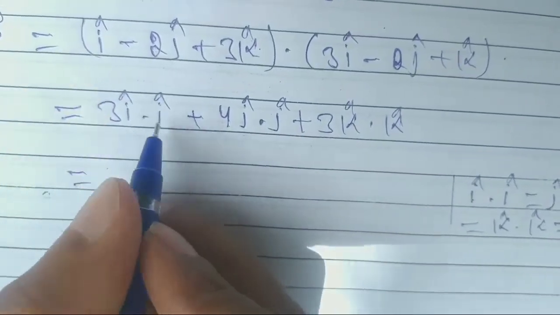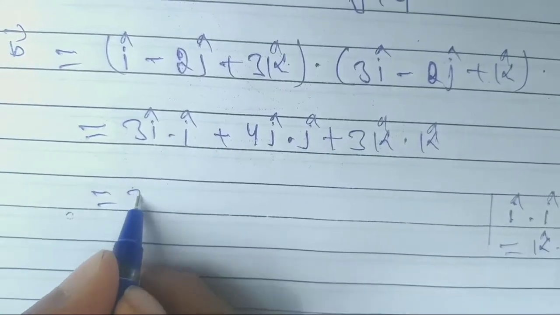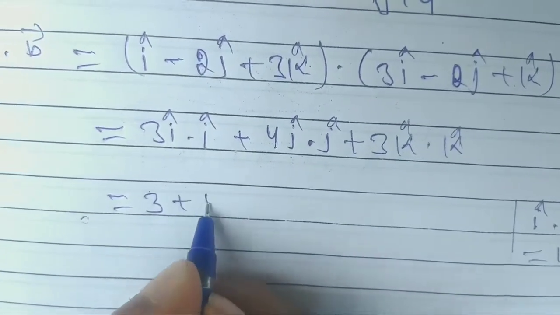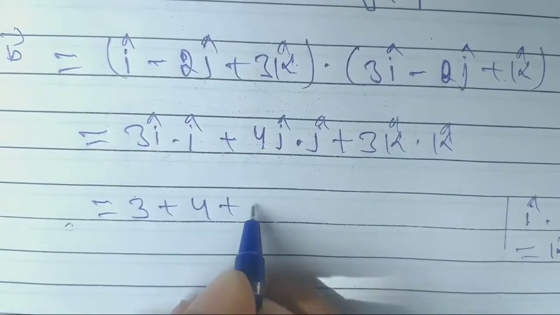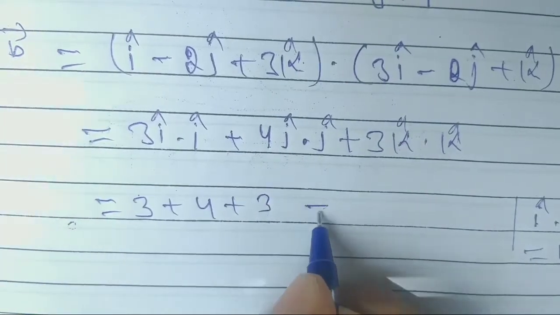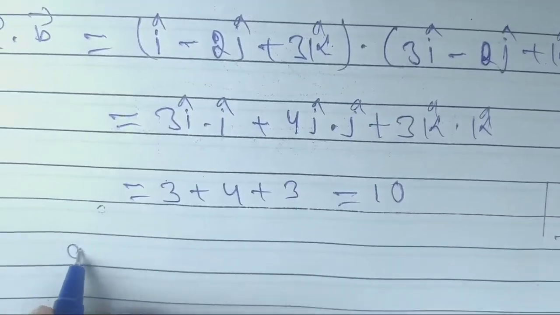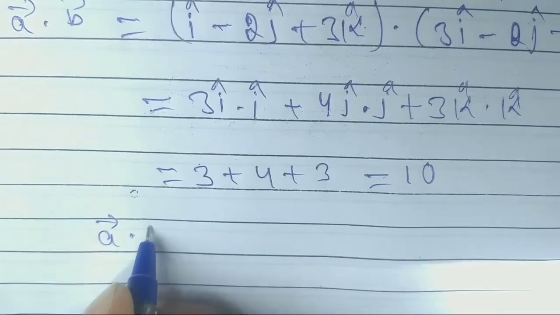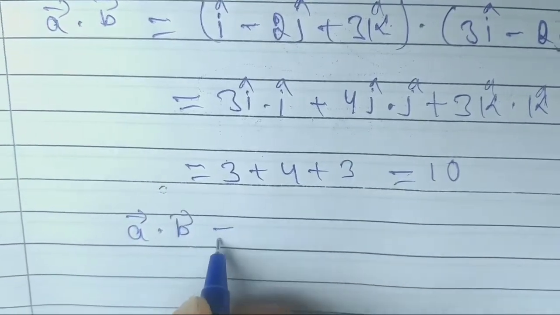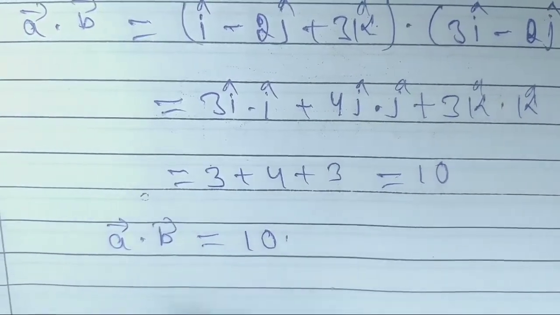This whole term is 3 into 1 is 3 plus 4 plus 3, which is equal to 10. A dot B is equal to 10.